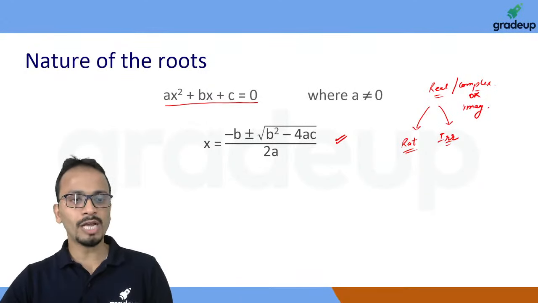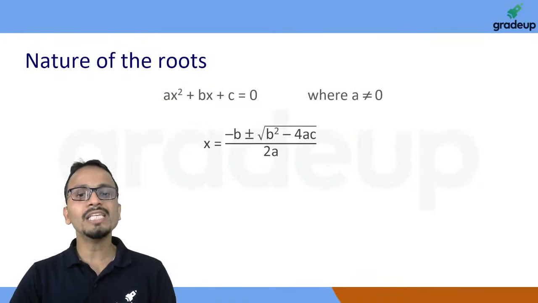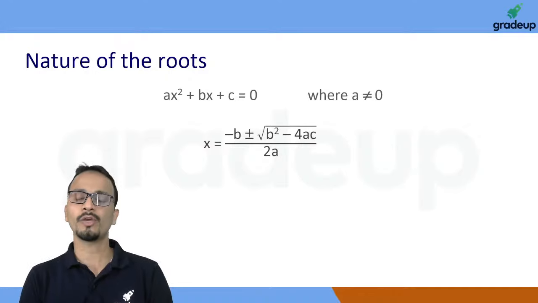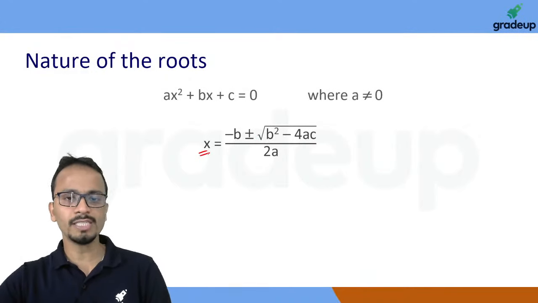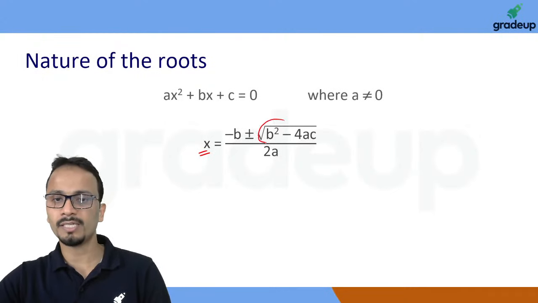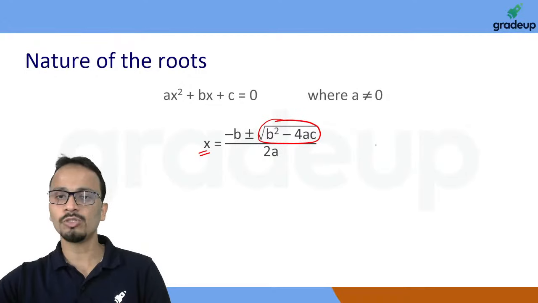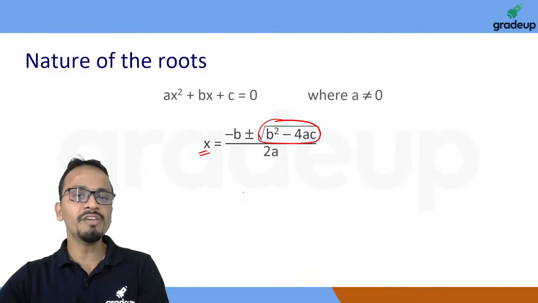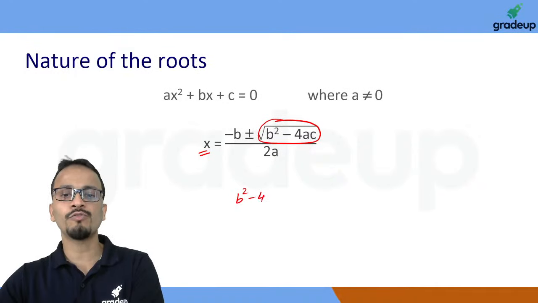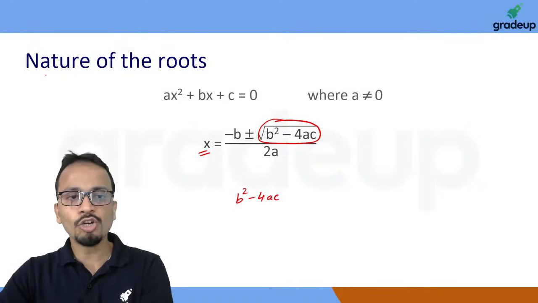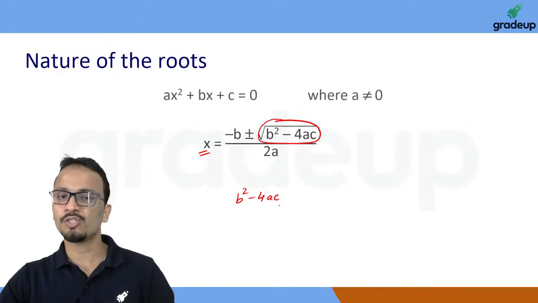Now, friends, let us talk about the nature of roots of a quadratic equation. The nature of the roots, or the values of x, depends on this part: the value under the square root sign, which is b square minus 4ac. The nature of the roots depends on this value.